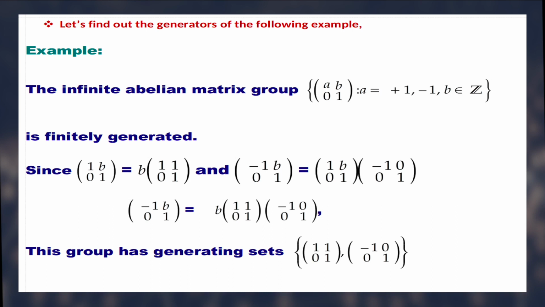This group has the generating set [1, 1; 0, 1] and [-1, 0; 0, 1].